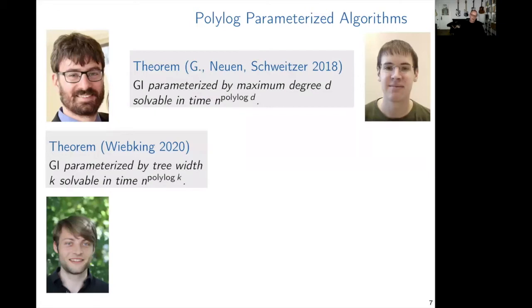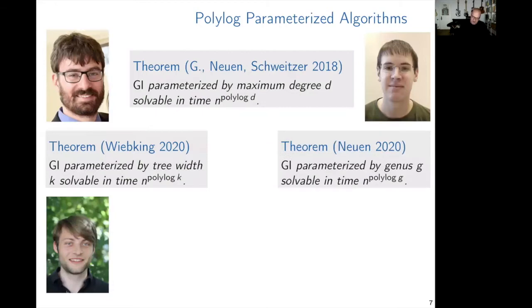Okay. And by the way, I stole some of Daniel Wiebking's slides in particular for the second half of my talk, where I explain our new results. But let me move on here. At the same time, but with different techniques, Daniel Neuen proved that graph isomorphism parameterized by the genus is solvable in n to the polylog of the genus.